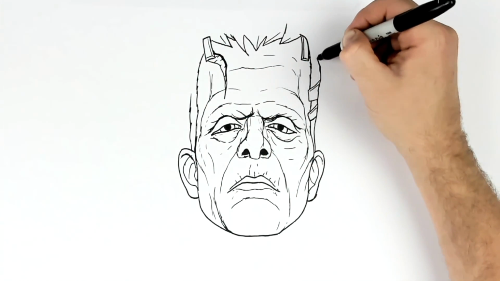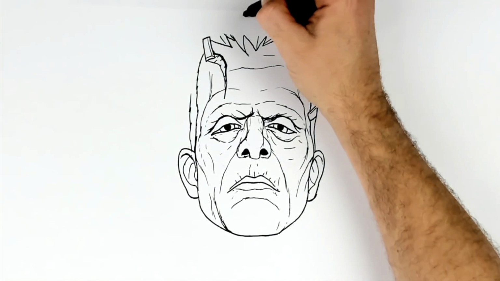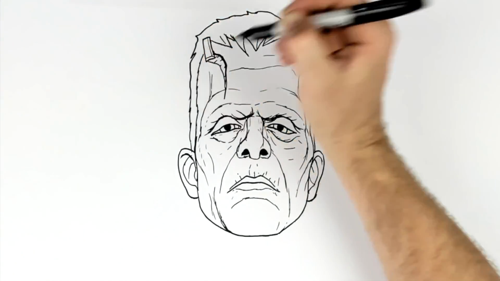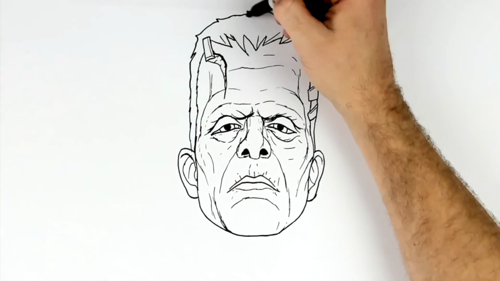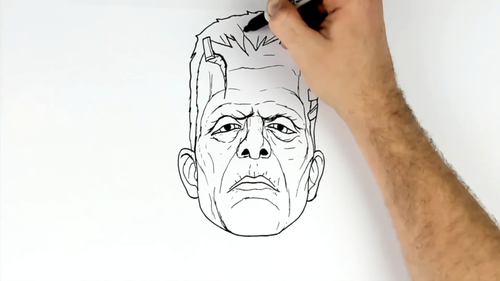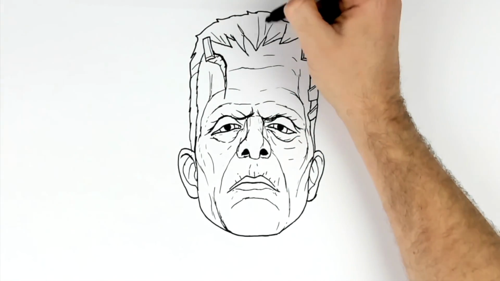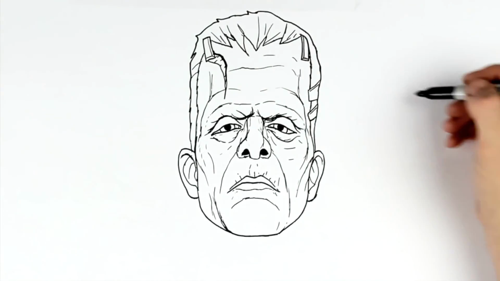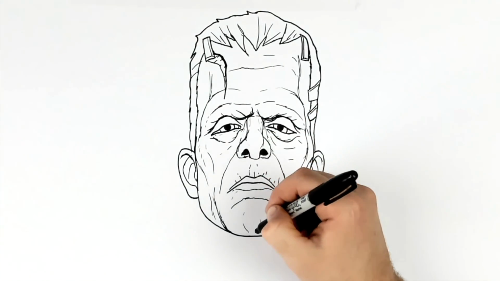He's got a real flat, square head, and we'll just go up and around like this. You can do some spikes sticking off every now and then if you wanted, like so. It's a real flat head. Some texture lines on it if you wanted as well. Okay, and then you can wrinkle them up as much as you want now.